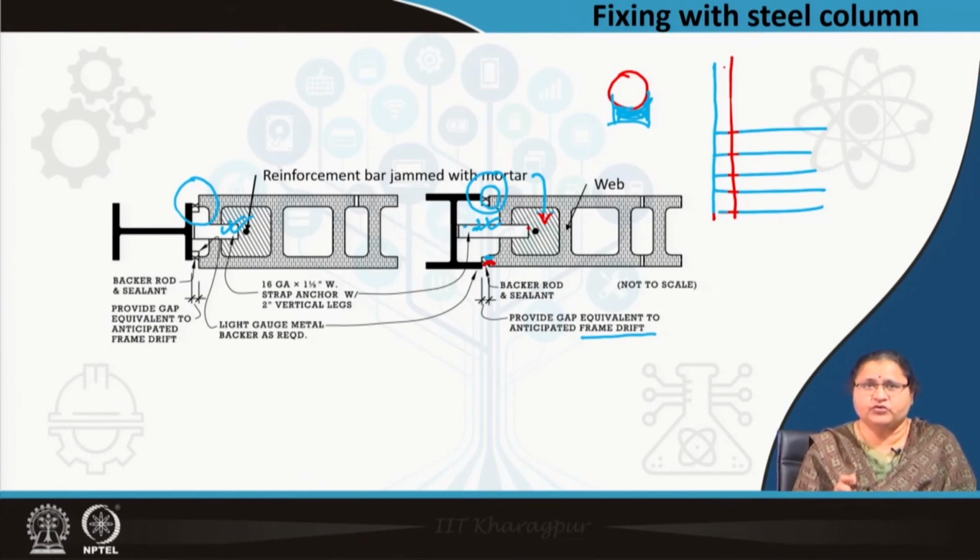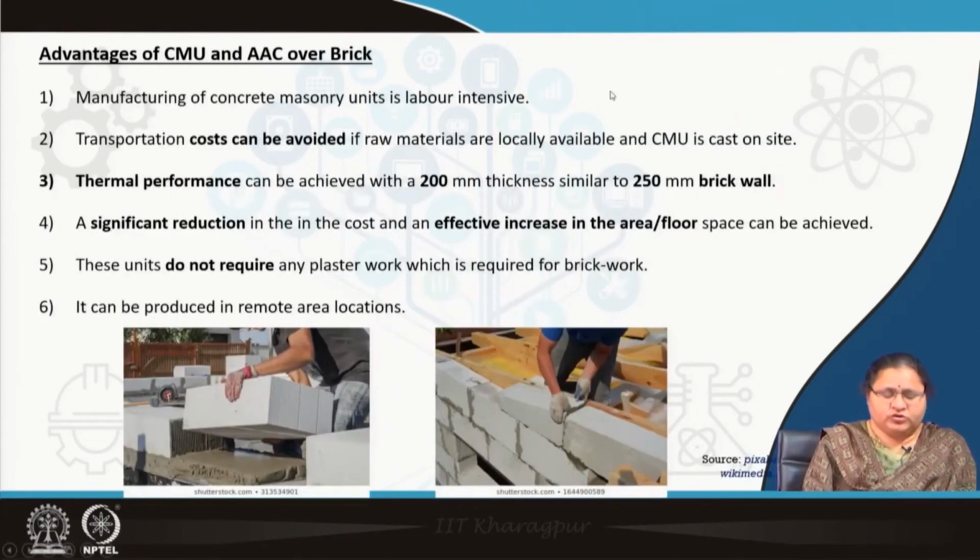There are two details here: one is the strap connecting the I section with the CMU, and the other is the backer rod and the sealant, which gives it weather protection and accommodates any expansion movement of the entire structure due to any reason. So, let us come to the advantages of CMU and AAC blocks.